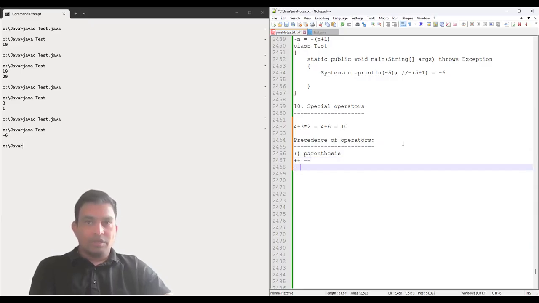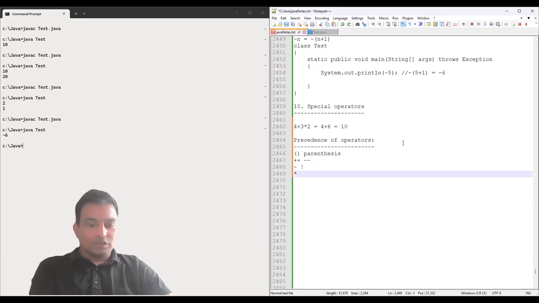Next priority is for complement and then not. Next priority is for multiplication, division, and modular division. And then the next priority is given for plus and subtraction. Then the next priority is given for less than or equal to, greater than or equal to.